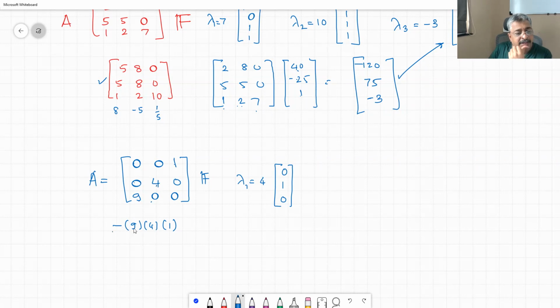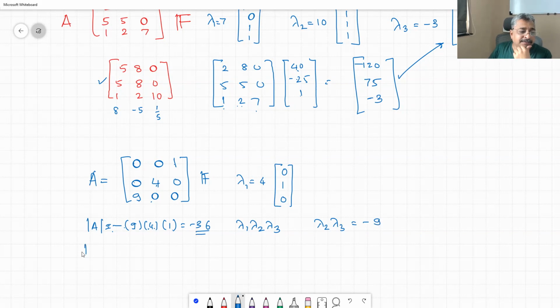So the determinant of A is equal to minus 36, which is lambda 1, lambda 2, lambda 3, correct? Lambda 1, lambda 2, lambda 3 is minus 36. Therefore, lambda 2 times lambda 3 is equal to minus 9.